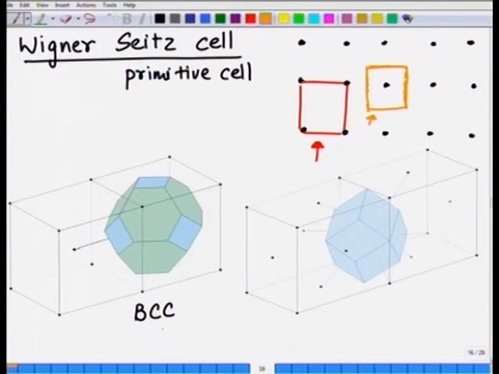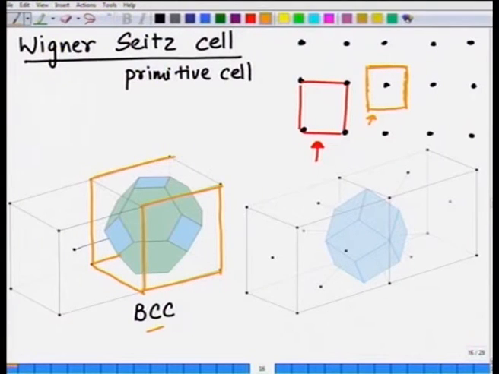Exactly the same thing can be done for different crystal structures. For example, take this BCC example. Imagine this to be 1 cube. Take this one particular cube here.